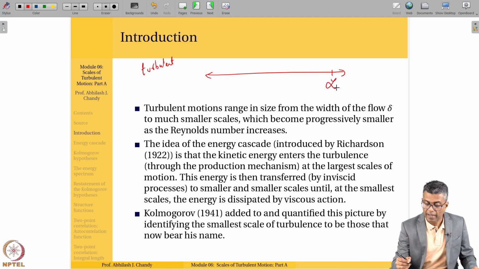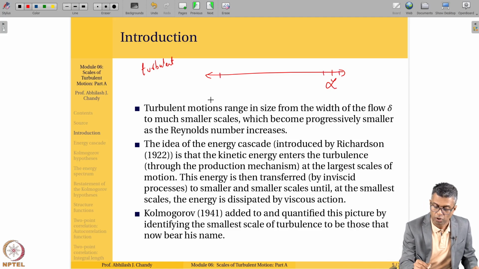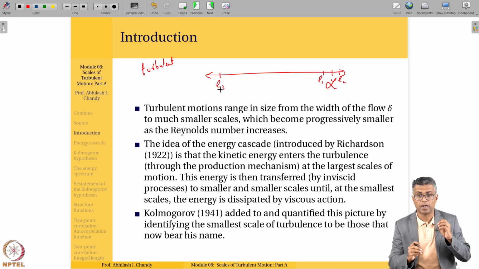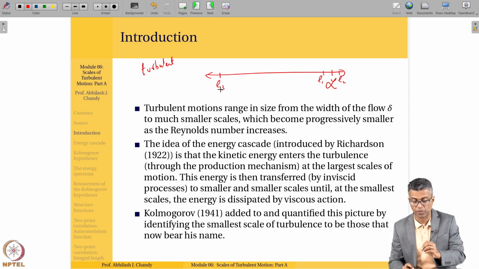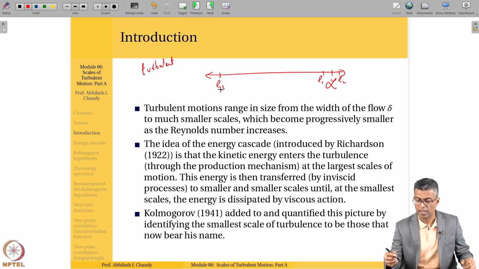Then you have length scales that are probably very small and very large, and that are much smaller. So somewhere here. So let me just call it L1, L2, and L3. Okay, we are going to have proper names for these length scales, but for now, just think of it as L1, L2, L3.